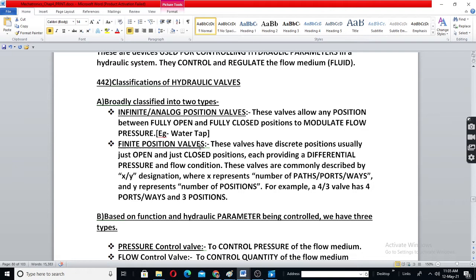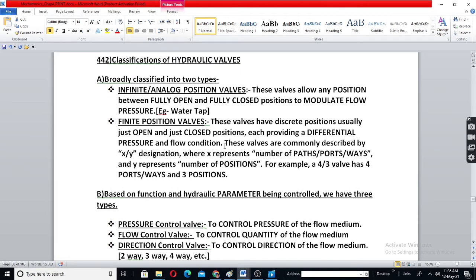Finite position means it has discrete positions. Okay, fixed set of positions, usually just open and closed. Sometimes this way, that way, and close, like that. So they are called finite position valves.